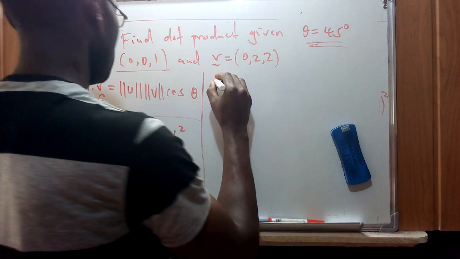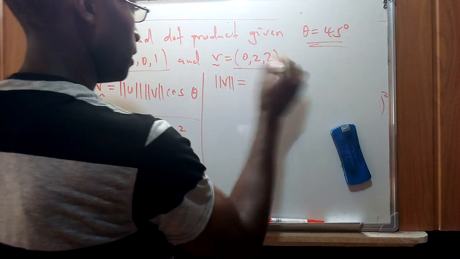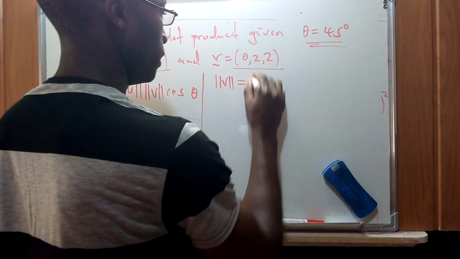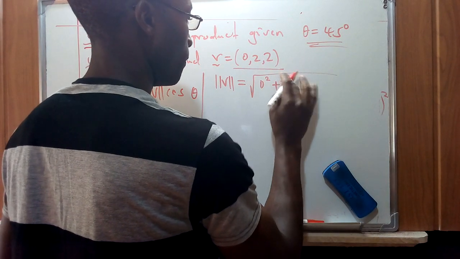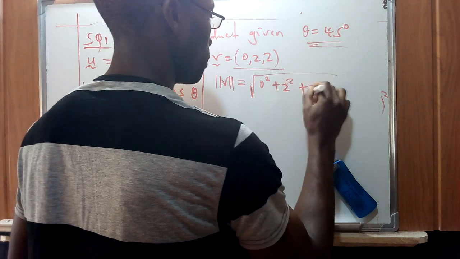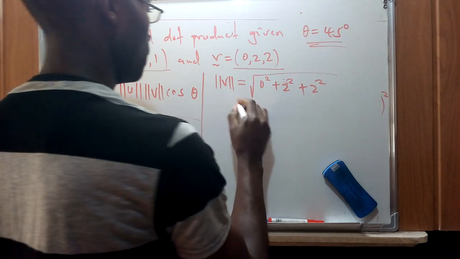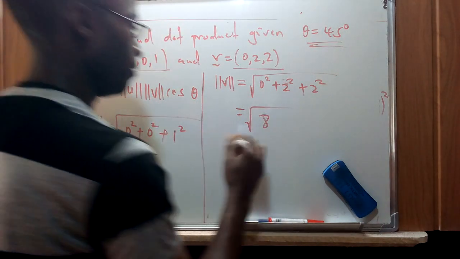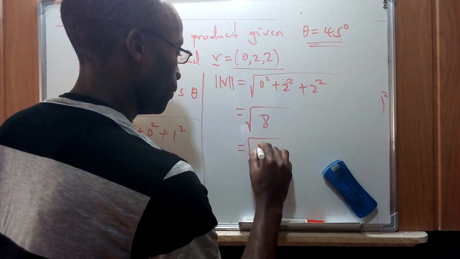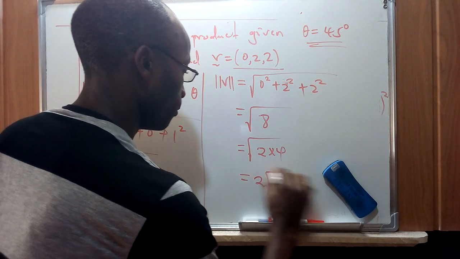The norm for v is given by 0 squared plus 2 squared plus 2 squared, which gives us the root of 8. We can simplify it further and say it is the root of 2 times 4, which is 2 root 2.